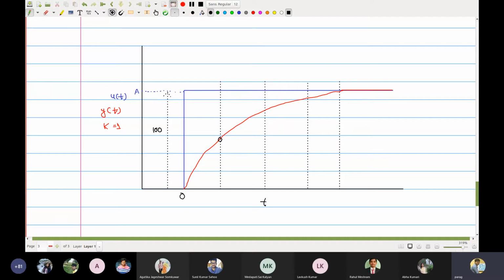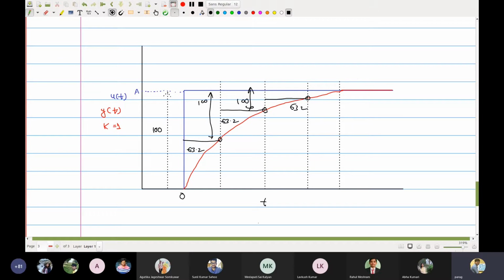When I reach here, this is 63.2, and then when I reach here, this is again 63.2 of this being 100. When I reach here, this is 63.2 of this being 100, and so on, right?